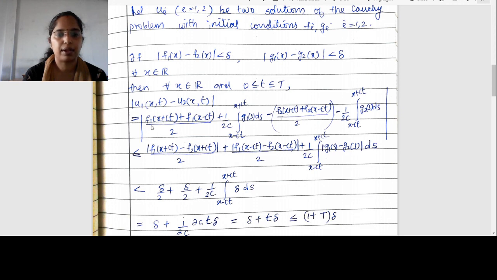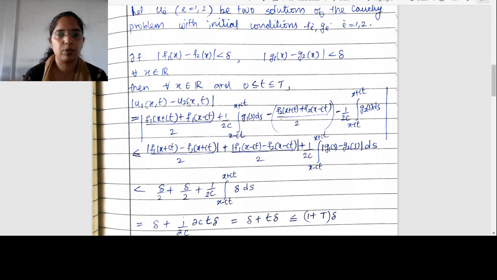So f1 of x plus ct minus f2 of x plus ct, plus f1 of x minus ct minus f2 of x minus ct. Plus 1 by 2c, again the integrals I have combined, so it is x minus ct to x plus ct mod g1 of s minus g2 of s ds.